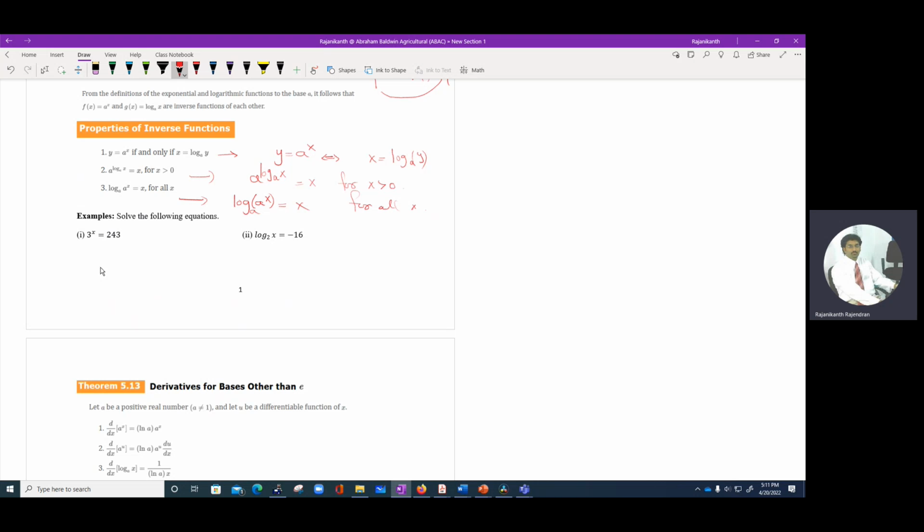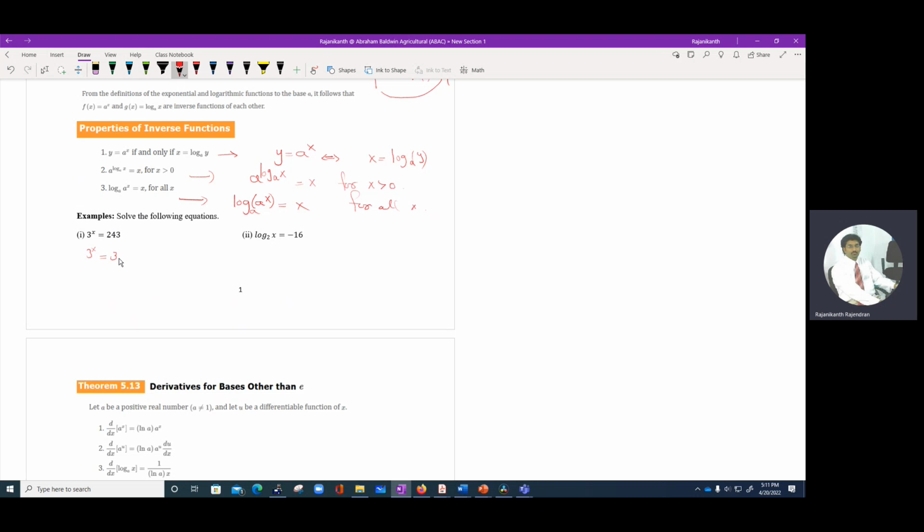Solve the following equations. Your task is to get rid of base 3 and find x. This is an easy problem. This is 3 to the power x equals 243. Can you write 243 in terms of base 3?